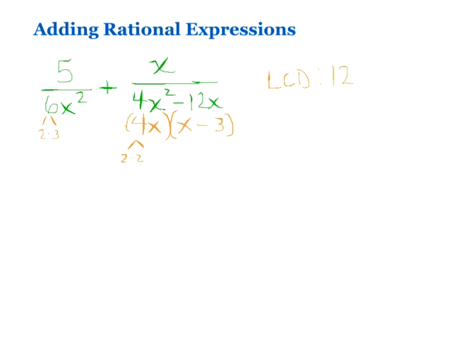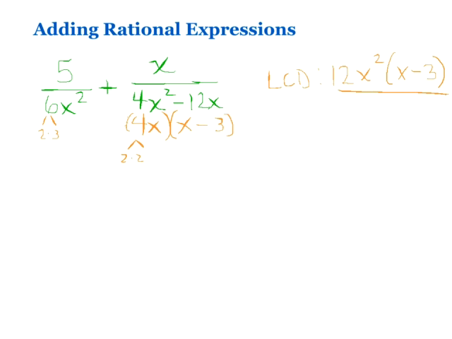Next, we would look at the x's. I have an x squared here, and I just have one x here. So again, if I'm always looking for the most of each factor, then I would want the x squared, because that has 2 x's, and so x squared becomes the next piece of my LCD. And then the other factor that I had was the x minus 3 factor. It exists in the second fraction, but it does not exist in the first fraction, and so that tells me I need to use that one from the second fraction.